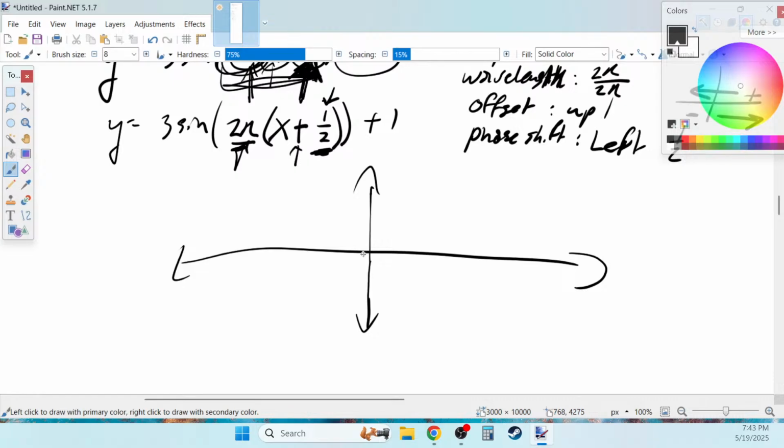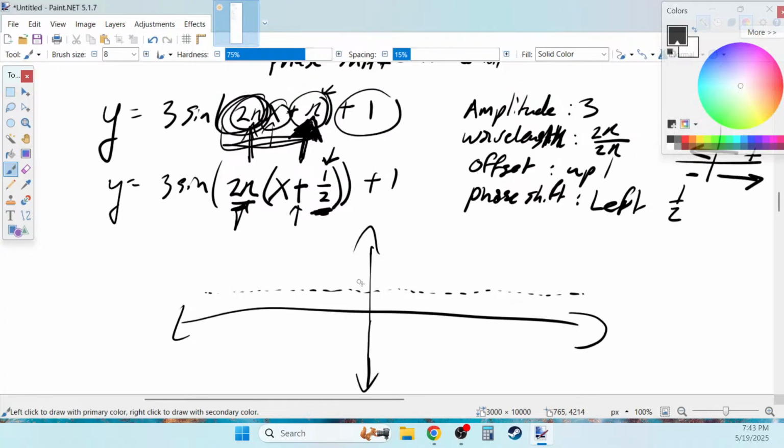So I'm going to go up 1 and draw my midline. From there, I'm going to count up and down by the amplitude. So that's 1, 1, 2, 3. Up here is my crest line. Count down 1, 2, 3. Here's my trough line.